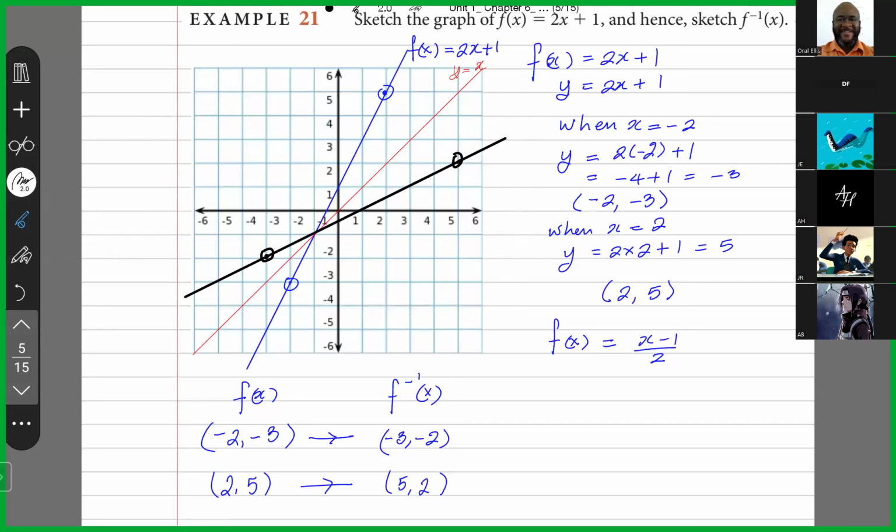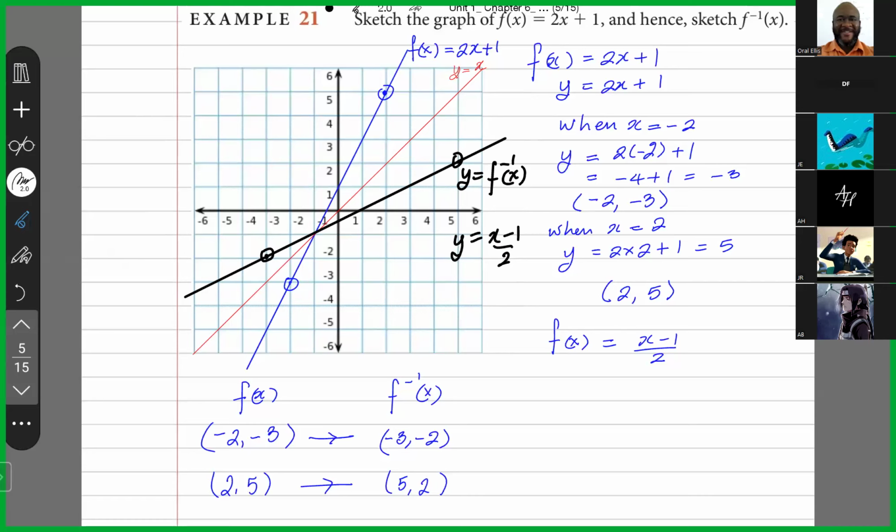All right, this would be the line, the graph of y is equal to f inverse of x, which is y is equal to x minus 1 over 2.